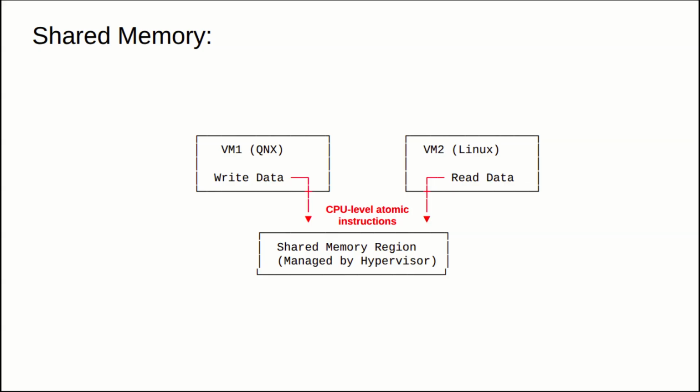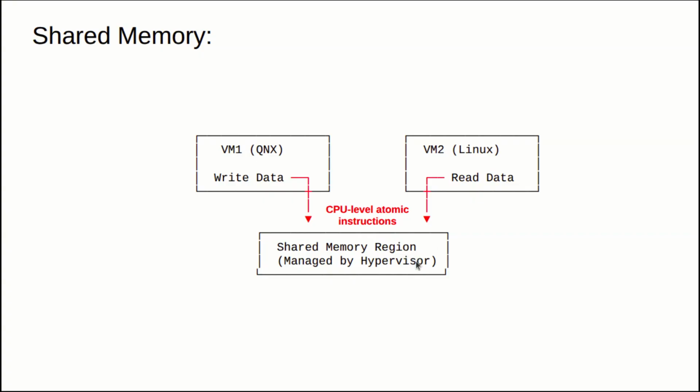Okay, now this is where the hypervisor provides you CPU level instructions, which are not dependent on the OS, which are OS agnostic. Okay, so using those CPU level instructions, QNX can lock a region while it is dumping data, and the Linux system can also lock the region while it is trying to access the data.